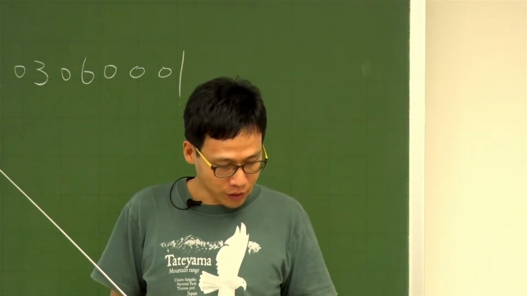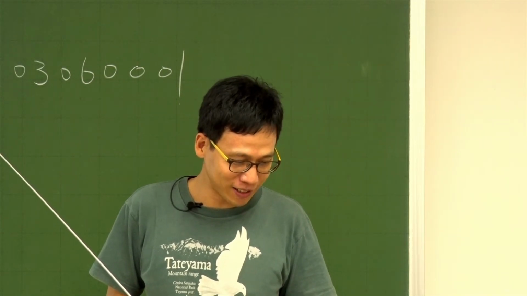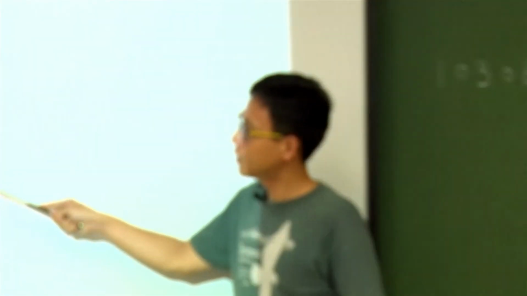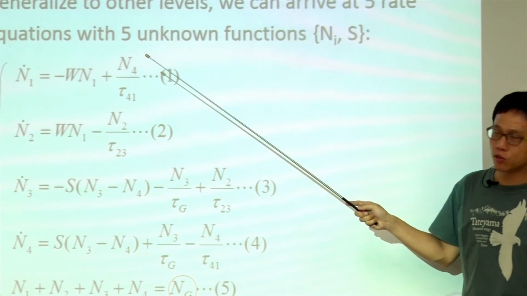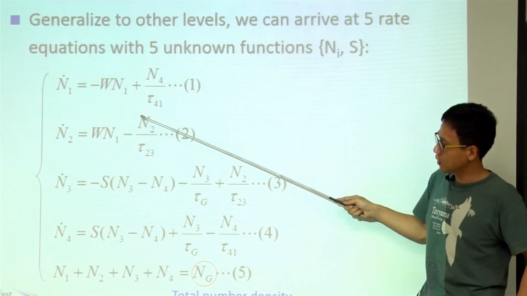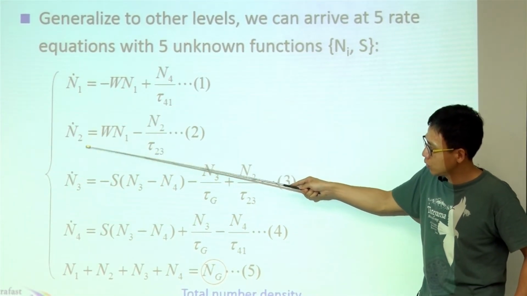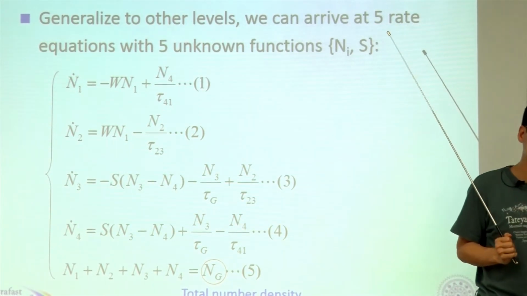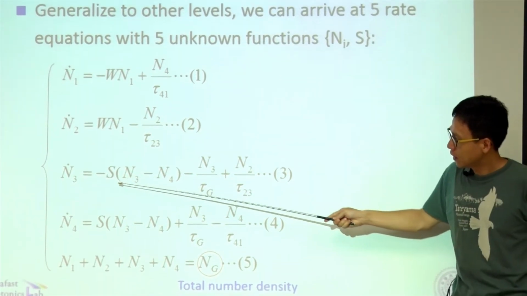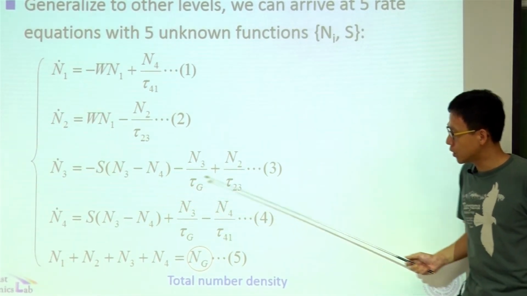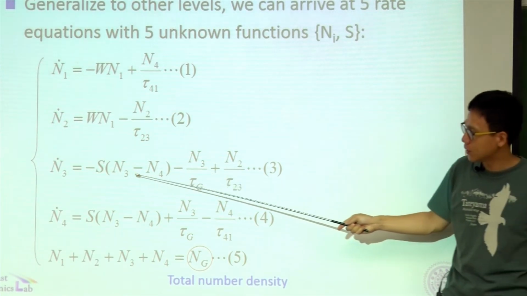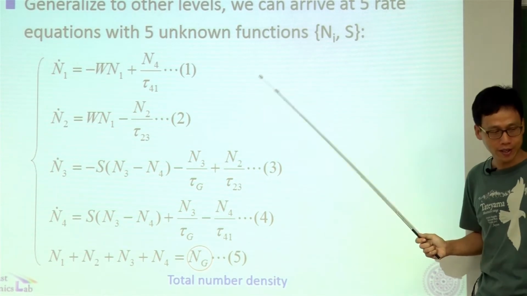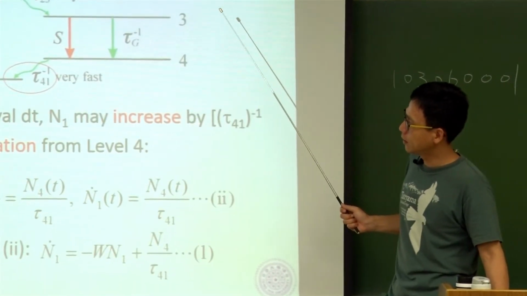If there is no question, I will skip the other cases. Okay? Equation 1 is here, and you can use the same strategy to write down the governing equations for levels 2, 3, 4 using the same idea. And you can see equation 3 is more complicated because there are more processes involved, right? Let's take a look at level 3.